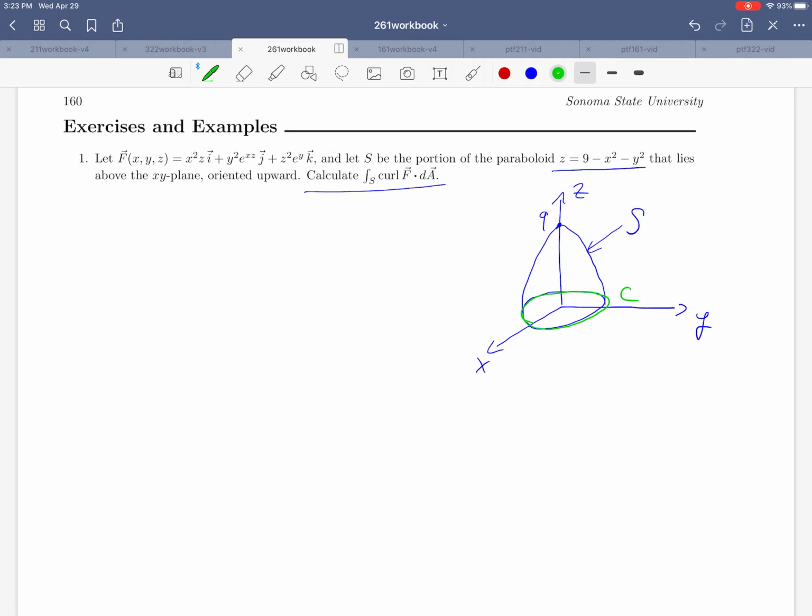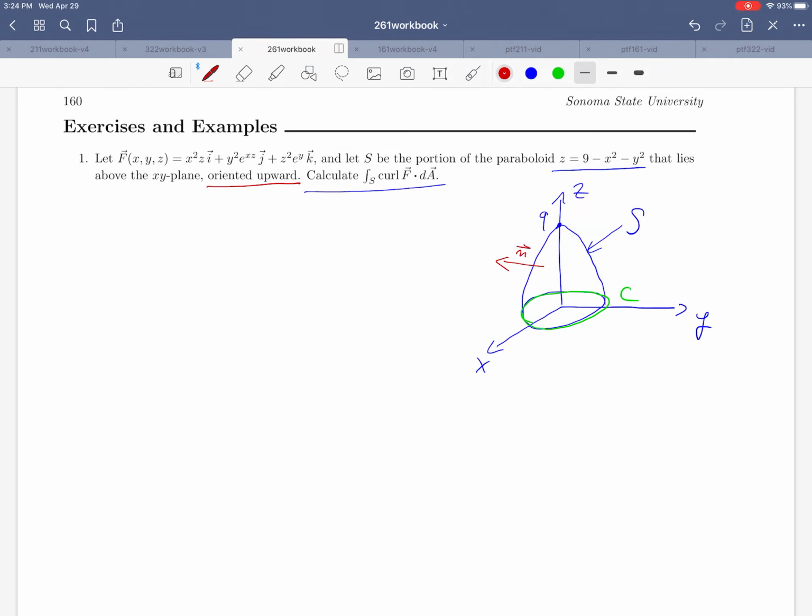Now the question is, what are the orientations associated to the surface and to the curve? They say that S is oriented upward. So I'm going to use this third color. S is oriented upward, so my normal vector points that way.